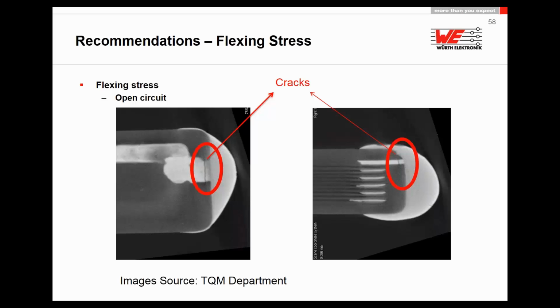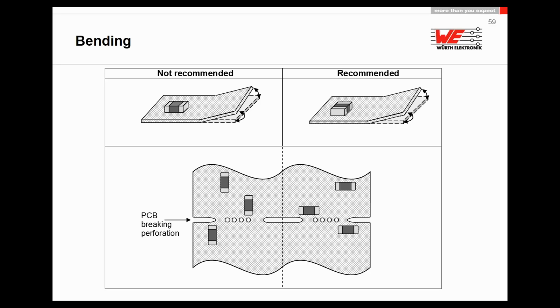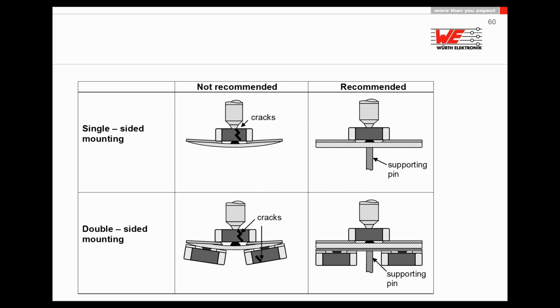These cracks will make an open circuit because the crack occurs almost in the middle or on the pad directly at the termination. You should take care about that. We have some recommendations for that. You can find all this information on the website, or sometimes in the data sheet, describing the bending and how to place the ferrite beads on the PCB.